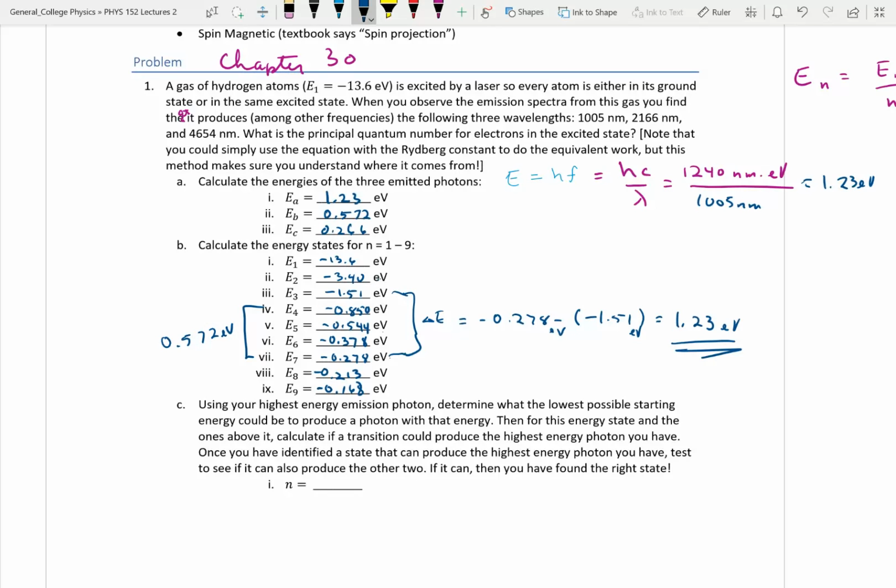And then I have 0.266. So minus 0.278 minus what gives me 0.266? So if I put that together, that's going to be 0.544. And there we go. So this one here is the last one.